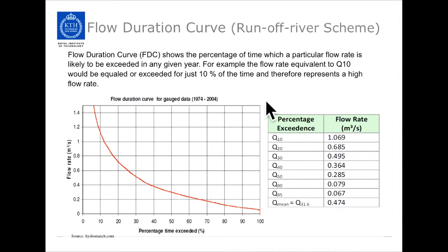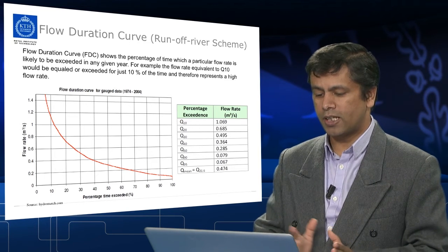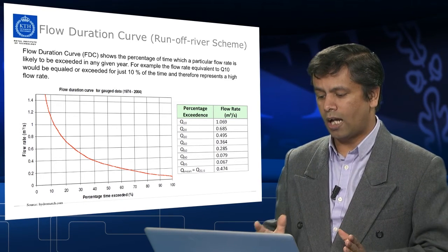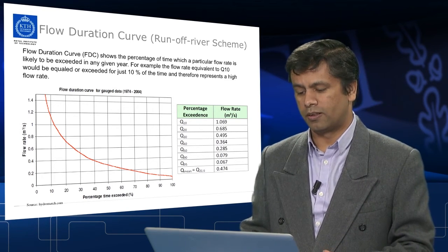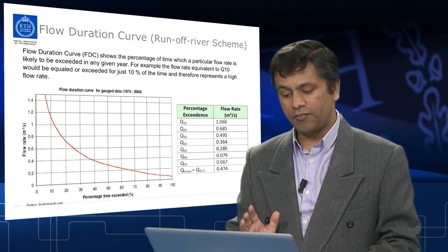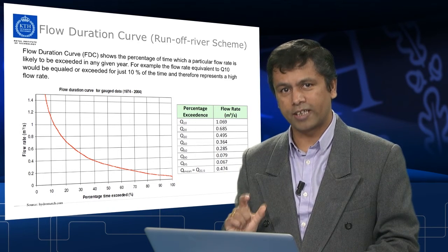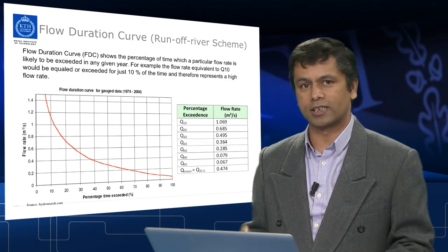If you look at this curve and the table, you can see that Q10 is 1.069 and Q95 is 0.067. What does this mean? For 10% of the time the flow in the river is 1.069 meter cube per second, but for 95% of the time the flow you can guarantee is only 0.067.